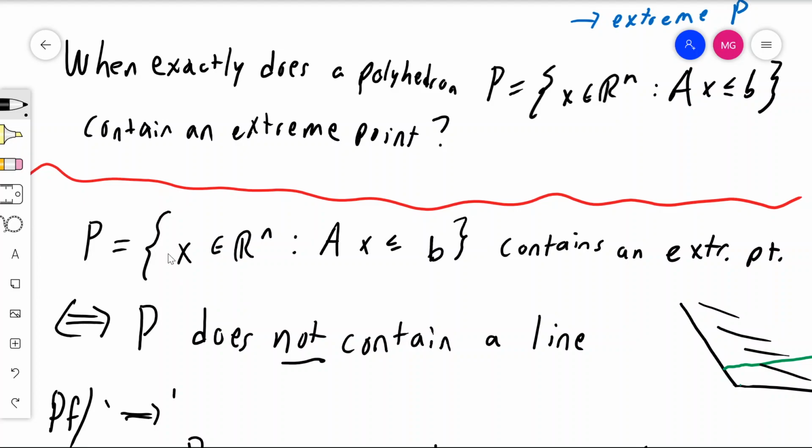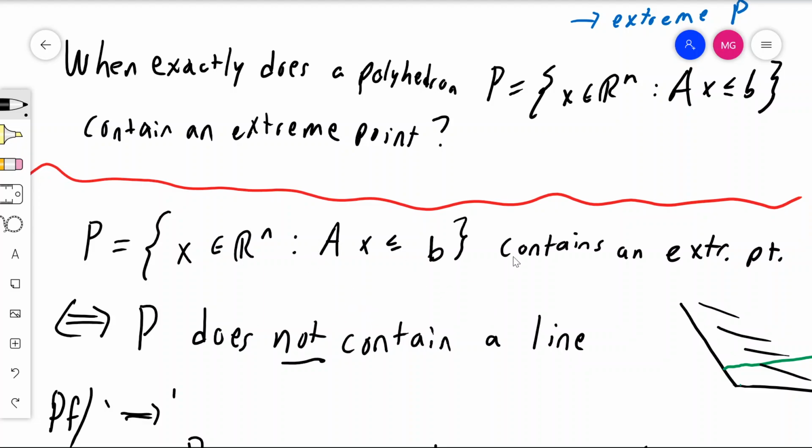So here is a characterization of that. The polyhedron given by the set of points that satisfy Ax less than or equal to b, so again, there's no non-negativity necessarily here anymore, contains an extreme point if and only if it does not contain a line. A line, as we defined in a previous video when we first talked about convexity.